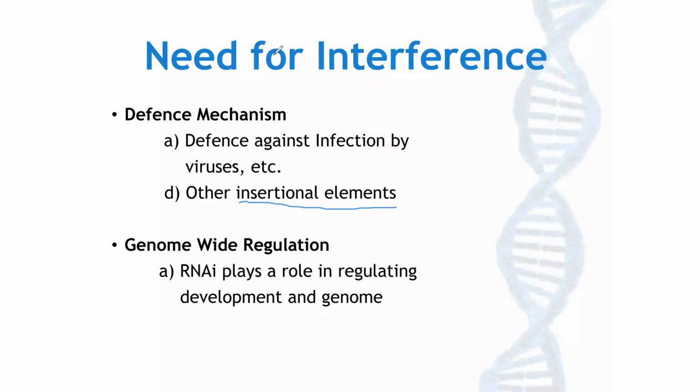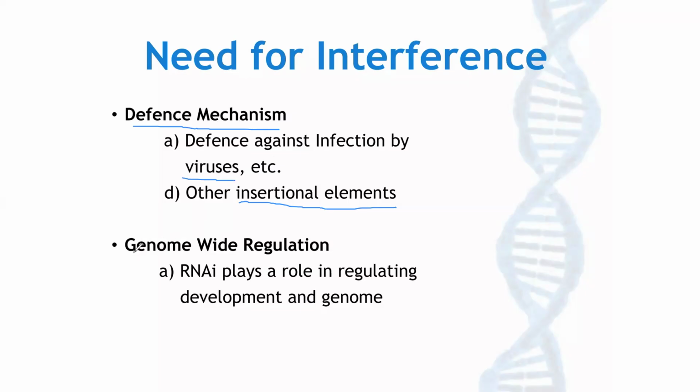So using RNA interference, you can protect the genome from the insertion of genetic elements that are not important to the body. So that is in the case of the defense mechanisms. In simple terms, you can use RNA interference to protect the cells against viral infection by degrading or digesting its mRNA.